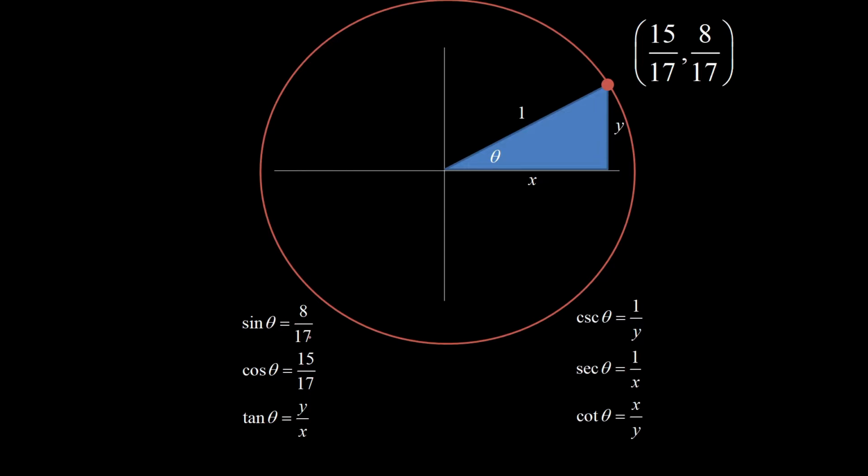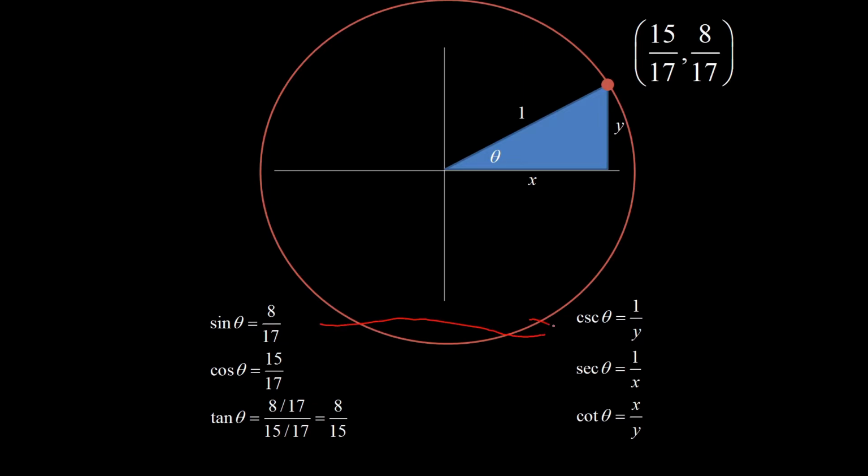And tangent, now that we have sine and cosine, tangent is sine over cosine. So here is sine, here is cosine. And these 17s will divide out, and you're left with 8/15. And once you have these three, then for the reciprocal functions, you just flip the fraction.